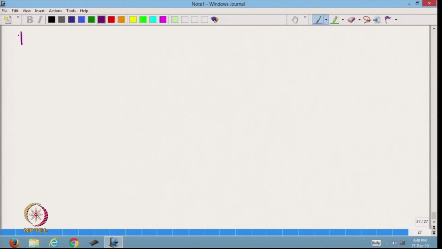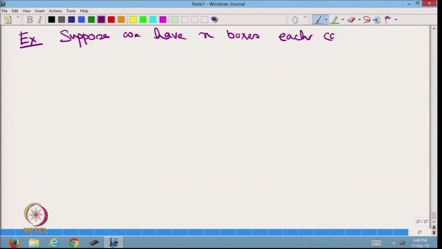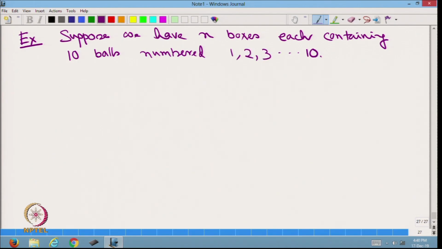Example. Suppose we have n boxes, each containing ten balls numbered 1, 2, 3 up to 10.